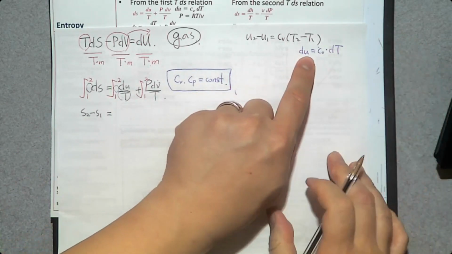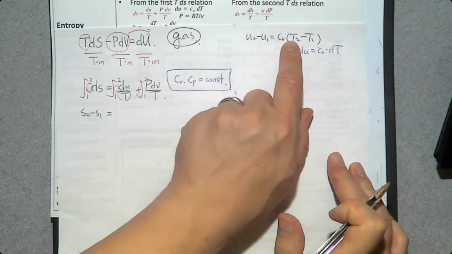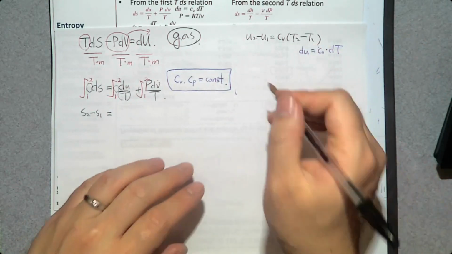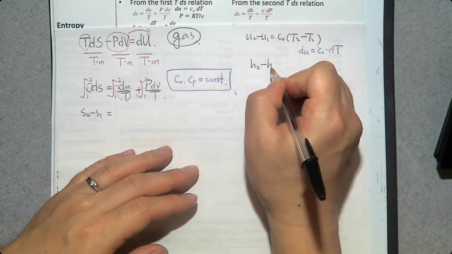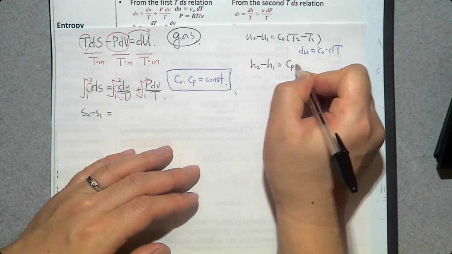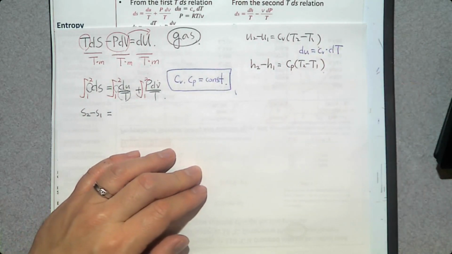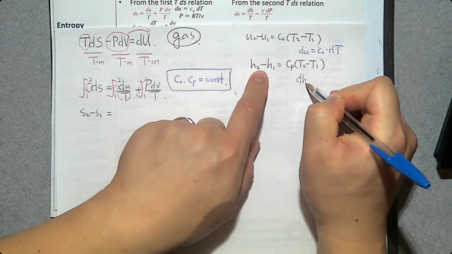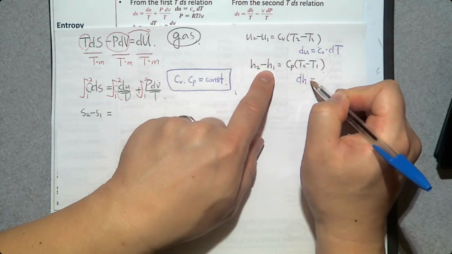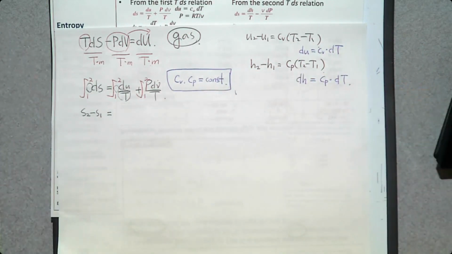And we know there is another specific heat equation, H2 minus H1 is Cp times T2 minus T1, and the differential form is dH is Cp times the change in temperature.